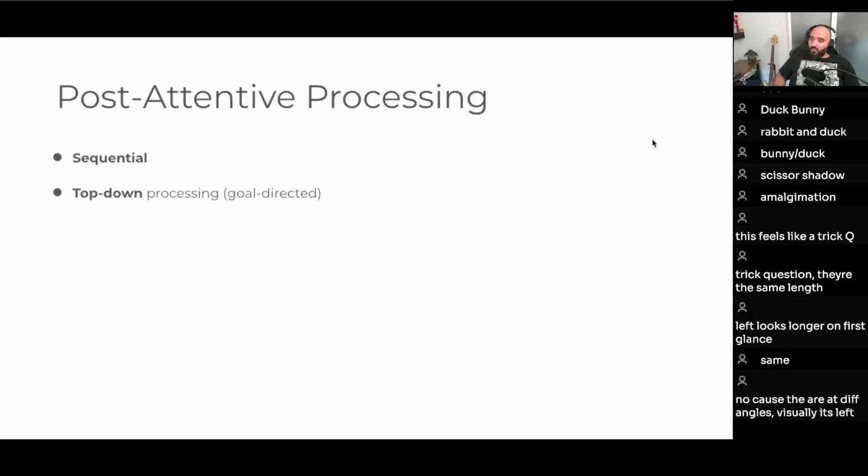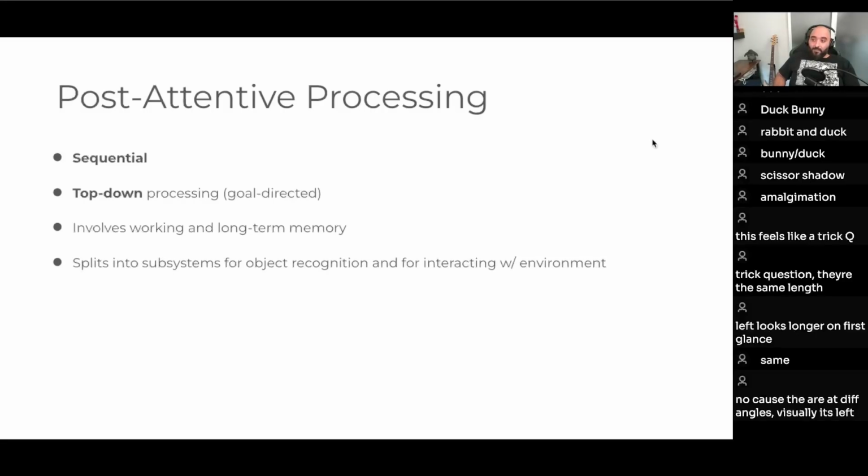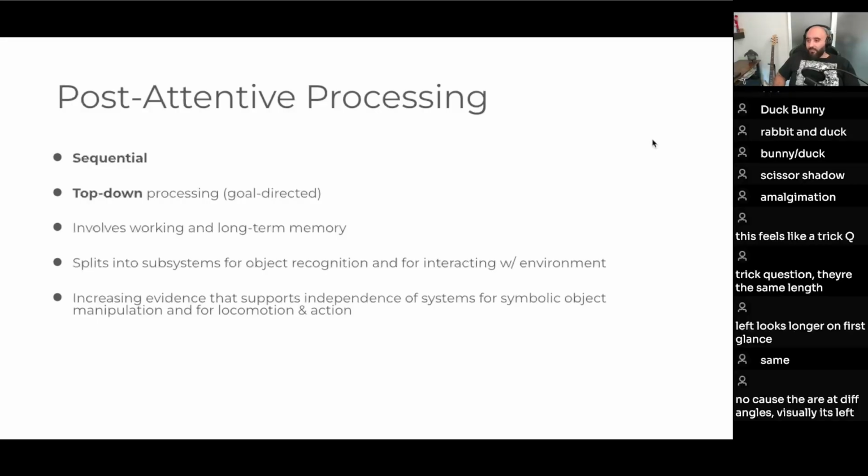Post-attentive is sequential, it's top-down, involves working and long-term memory, and is placed into subsystems for object recognition and for interacting with the environment. There is increasing evidence that supports independence of systems for symbolic object manipulation and for locomotion and action. So there is some evidence that there are multiple systems working in this post-attentive processing.